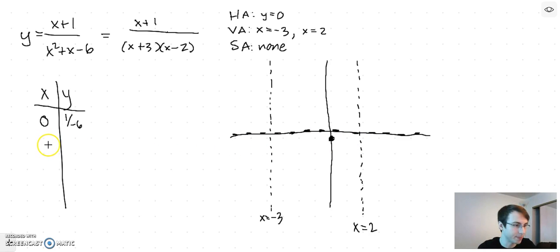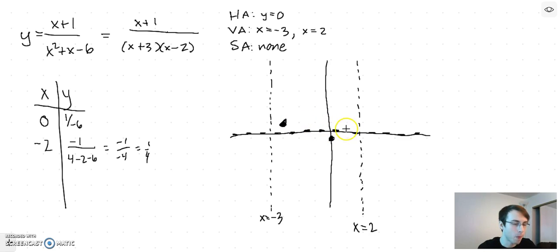How about negative 2 for x? Then we get negative 1 over 4 minus 2 minus 6, which is negative 1 over negative 4, which is 1/4. So now we're up to this side.